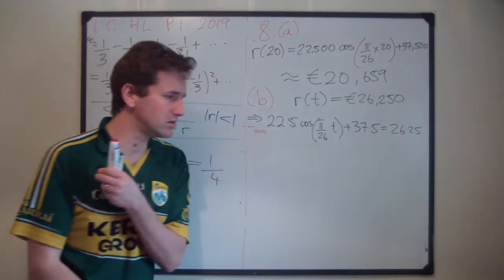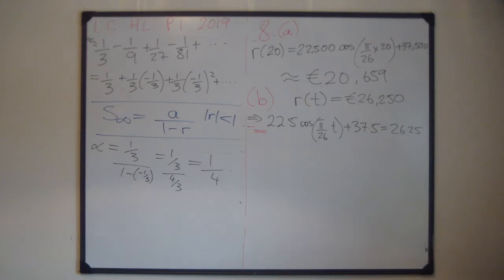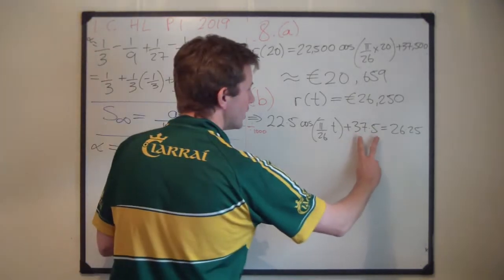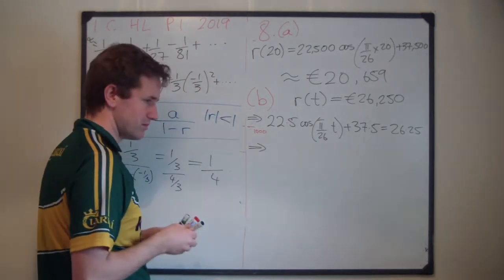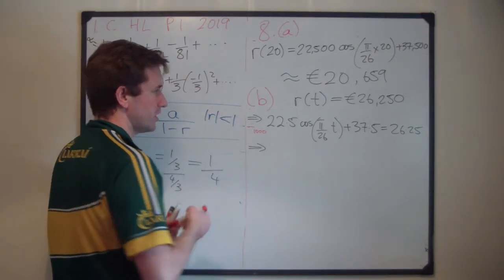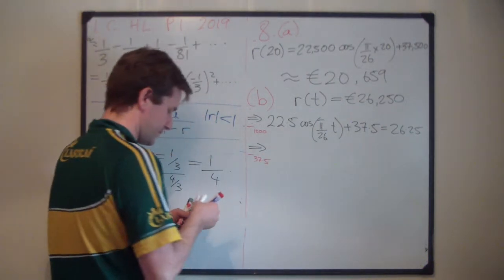So I've divided already by 1,000. So it's just a little equation. I see 1, 2, 3, 4 things to get rid of, so we're going to have to be careful eventually. Okay, so let's do the easy bits first. So take away 37.5 from both sides.